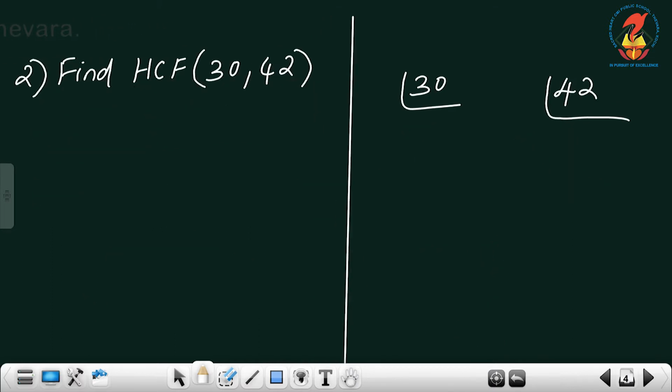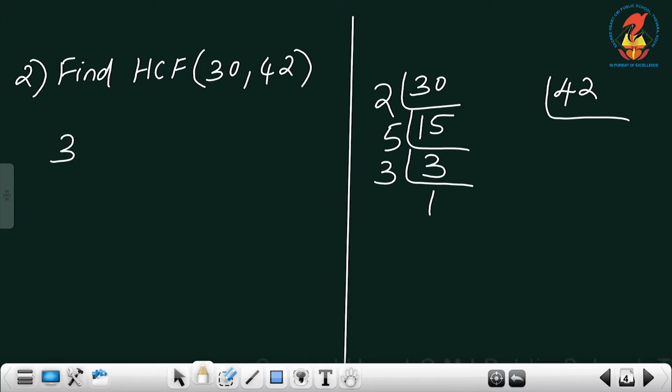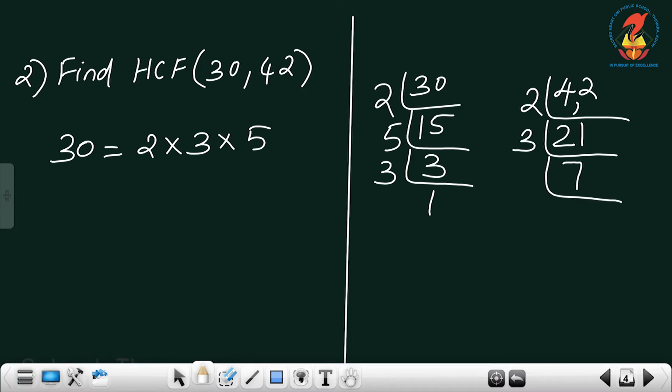Next, find the HCF of 30 and 42. Same way, 2 is the least number, 15. 15 2s are 30. Then 5 is the next number, 5 3s are 15. So 3, 1. So we can write 30 as 2 into 3 into 5. Then 42, least number is 2. So 2 2s are 4, 2 1s are 2. Then least number is 3. 7 3s are 21.